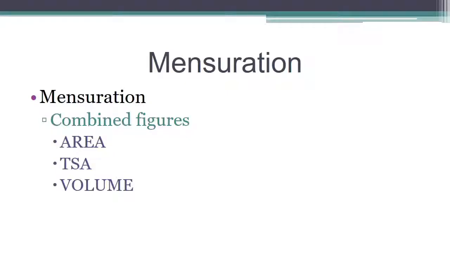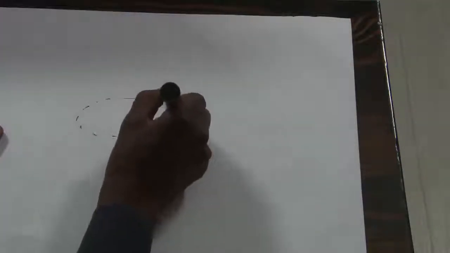Mensuration, you need to know how to do calculations, most troublesome on combined figures, to find area, total surface, and volume. So for example, let me say you are asked to find the total surface area of this cylinder.